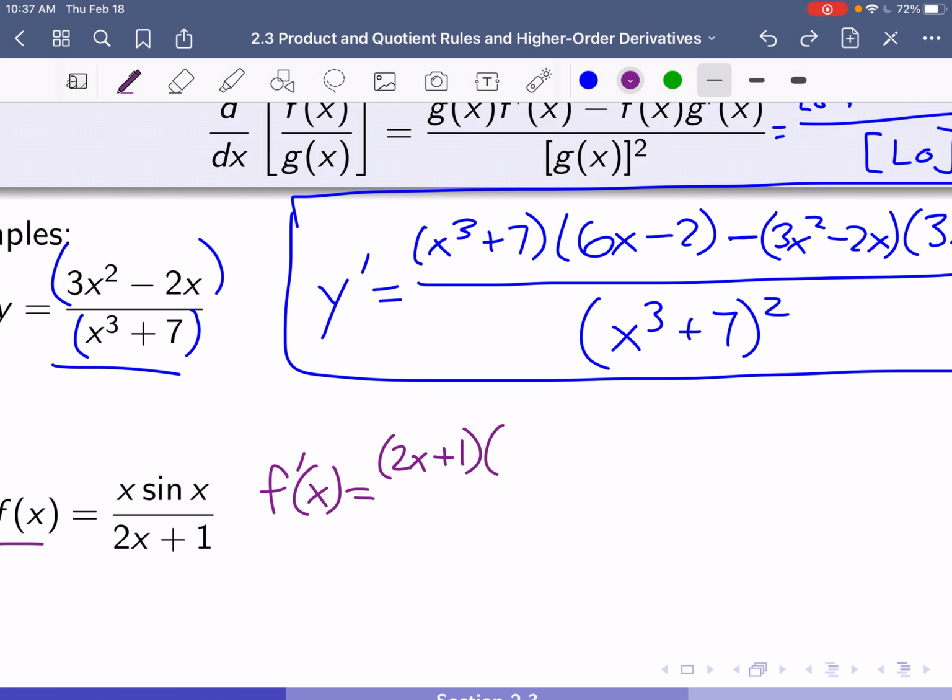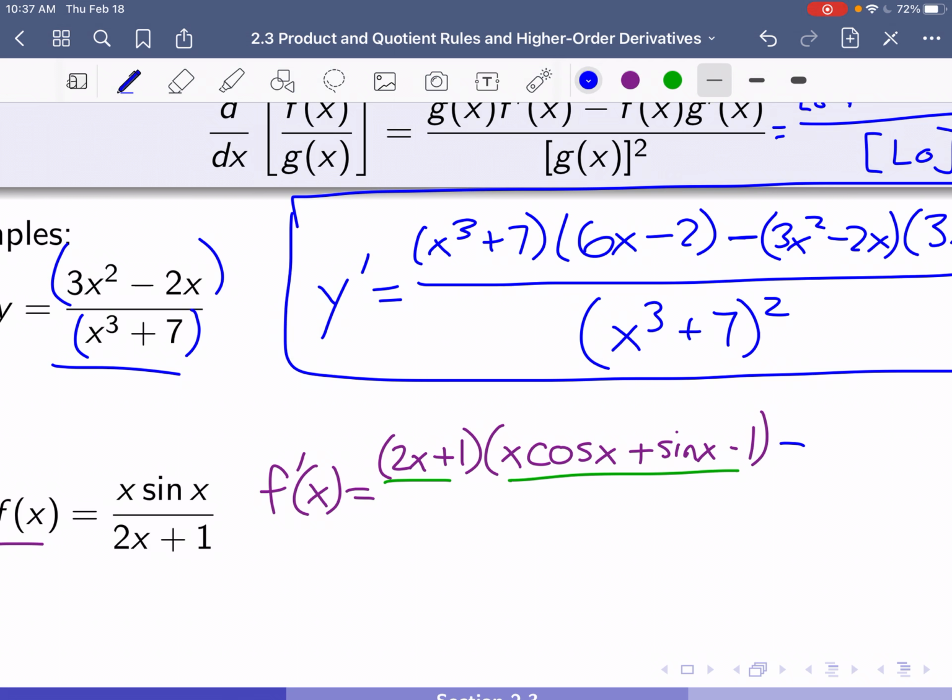Our product rule says it's the first function, x, times the derivative of the second. So x times the derivative of sine, which is cosine, plus the second times the derivative of the first. That is, so far we've done low, d high.